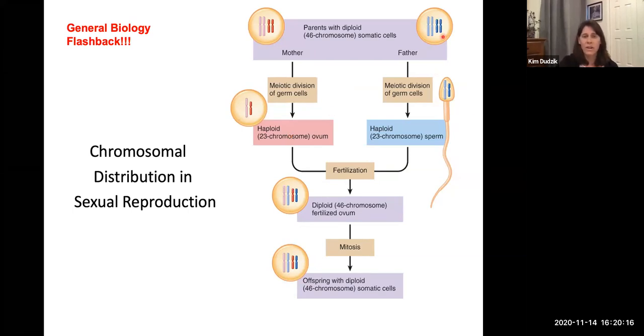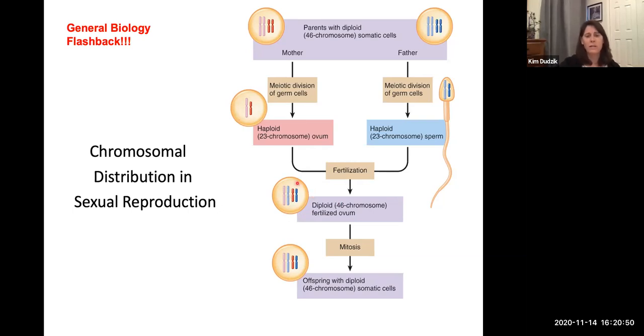In the males, they also divide their germ cells by meiosis, creating the haploid sperm, right? So now each sperm has 23 chromosomes. Okay, and then the process of fertilization is when the sperm encounters an egg and is able to penetrate the egg, and its head, the head portion here, will go inside of the egg, because that's also the nucleus, and then will fuse with the nucleus of the ovum, or the egg.